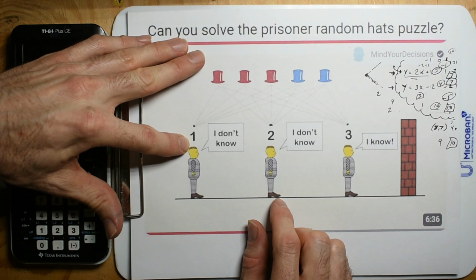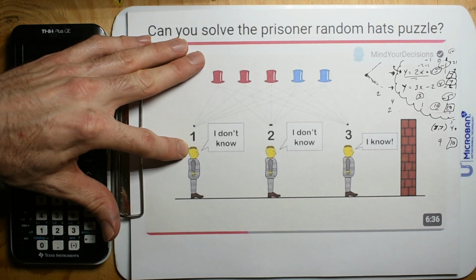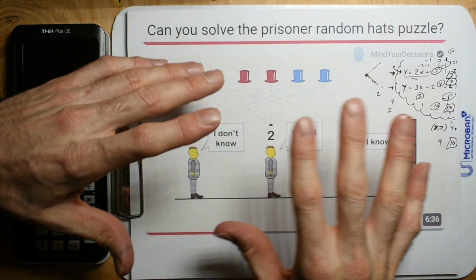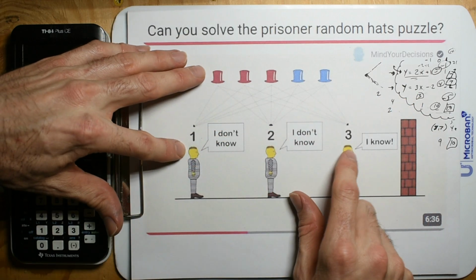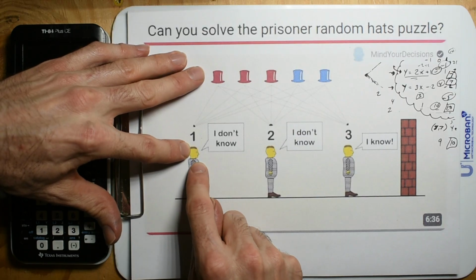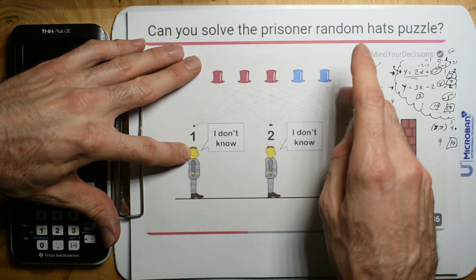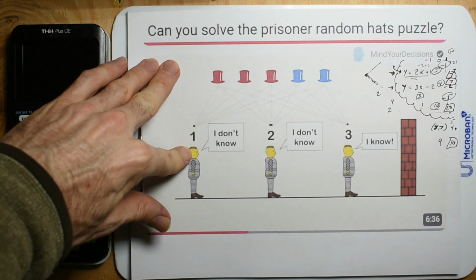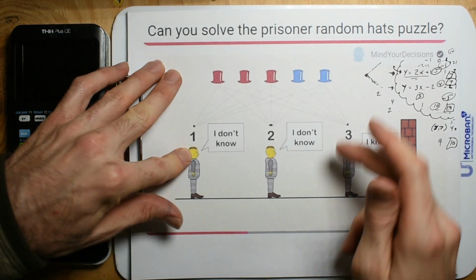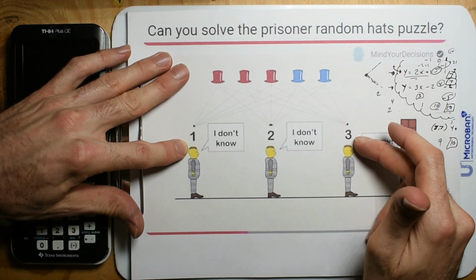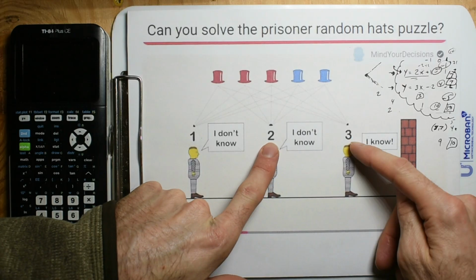Okay, but now, let's just make up another little scenario. Let's say, and I think the most likely thing to do, it might not be obvious, is to put a blue hat on prisoner 3 and a red hat on prisoner 2.